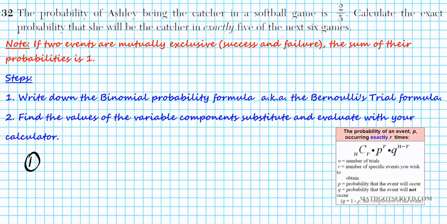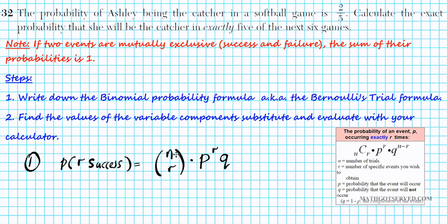So the probability of our r successes is written as nCr here, but you can also write it in this format, n choose r, with our successes, equals nCr, and then we're going to multiply this by the probability of being successful, p, raised to the r power, the number of successes you want, times q. q is the probability that the event does not occur, raised to the number of failures that you have.